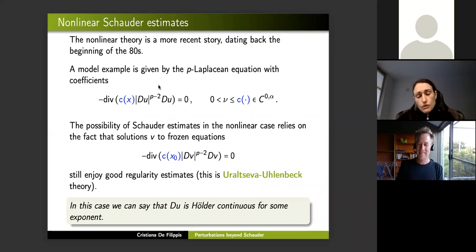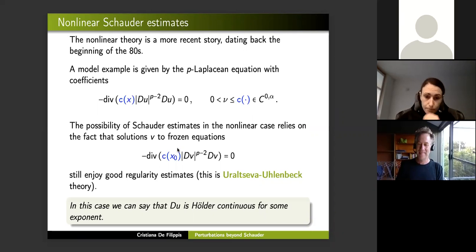We consider, just for simplicity, the p-Laplace equation, and notice that the possibility of recovering Schauder estimates is related to the fact that the corresponding frozen equation, which is this one, still enjoys good regularity properties, which were provided by the work of Uraltseva and Uhlenbeck, who proved that solutions to the p-Laplacian equation are C^{1,α0} regular for some α0 depending on the ambient space dimension and on p. And you cannot do better than this in light of a counterexample due to Uraltseva.